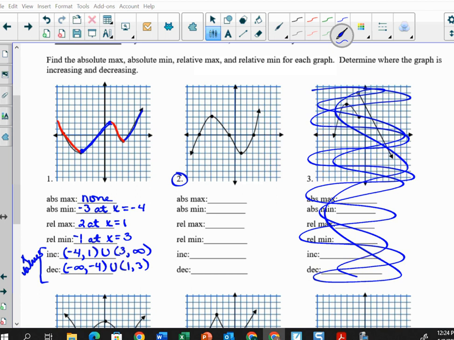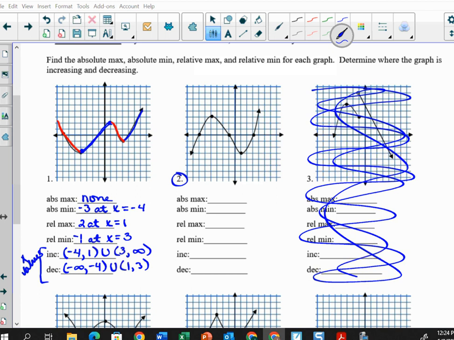I've got a question. So if there's a point in the middle, like if you're doing the increase model, would you go from negative infinity to negative 4, or would you go from negative infinity to negative 6 and then negative 6 and negative 4?